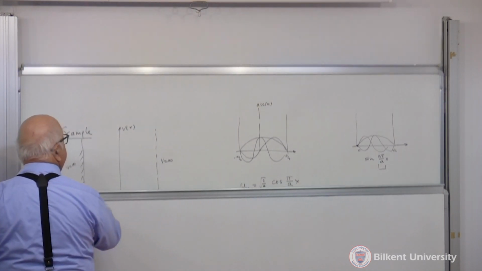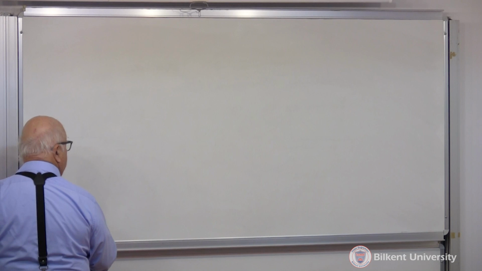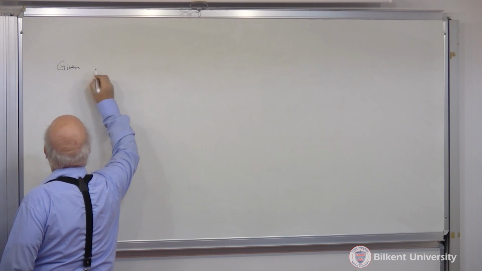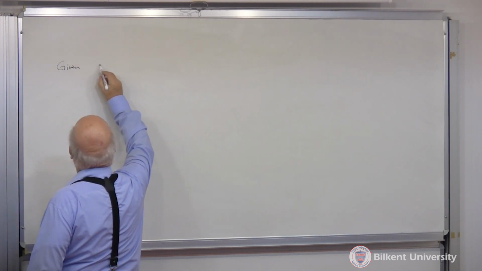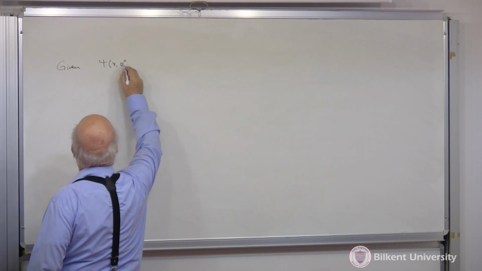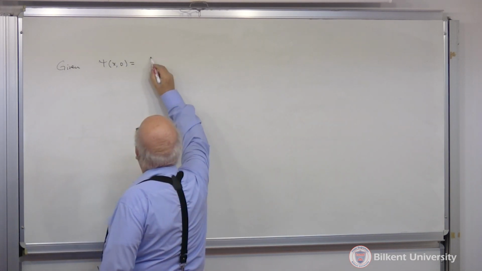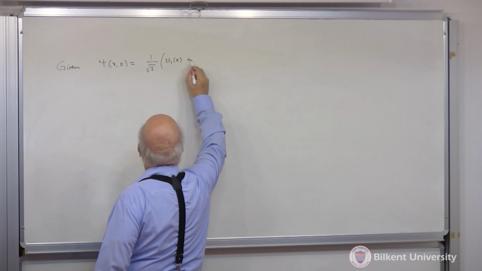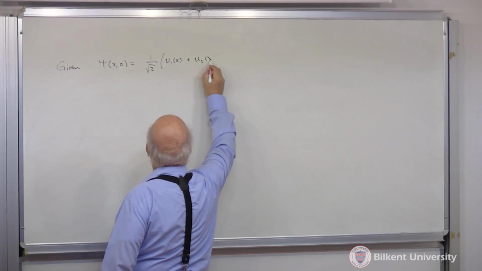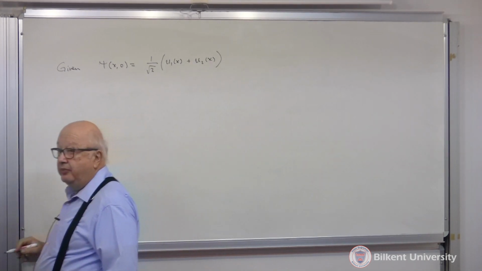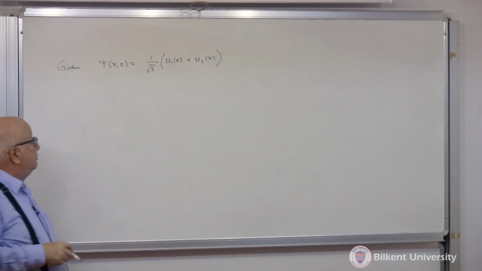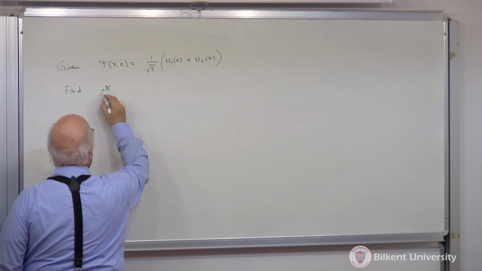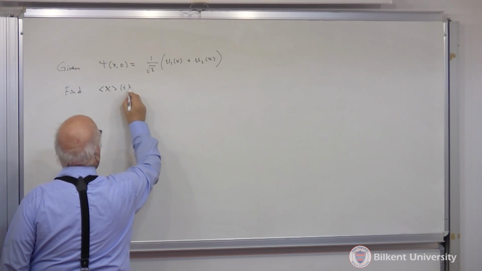What I'm going to do is say, given that psi at x, 0 is equal to 1 over square root of 2 times u1 of x plus u2 of x, let's find how the average value of x is changing with time.